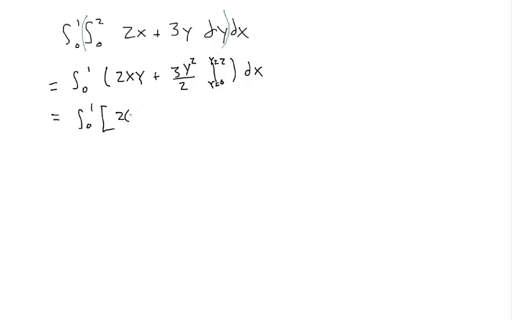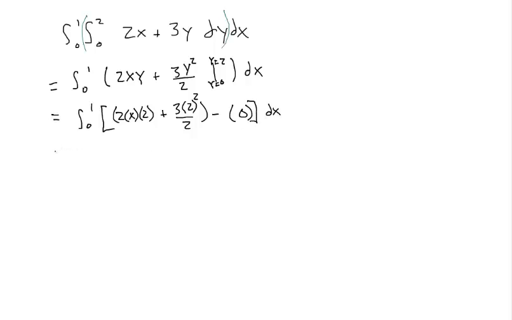I have 2 times x times 2 plus 3 times 2 squared, all divided by 2. And we subtract by plugging 0 in. When we plug a 0 in, we have a y in both terms, so both terms go to 0, so it's minus 0. And then dx.